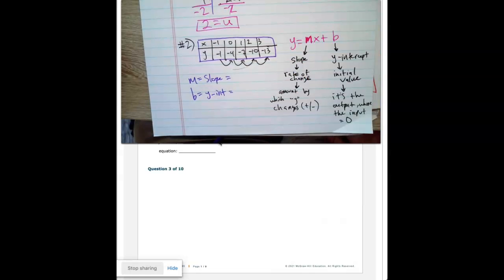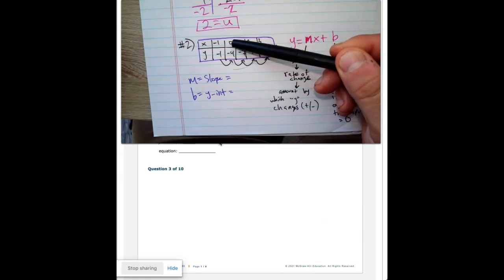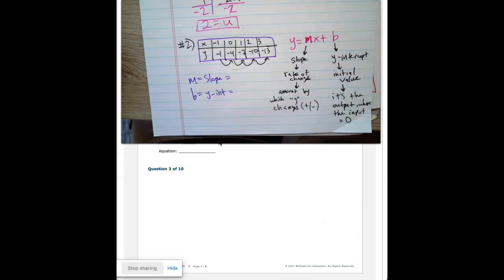So one more time: can you tell by how much the y values are changing? And can you find where x is 0 and look at what the output is? That's your y-intercept, or your initial value.